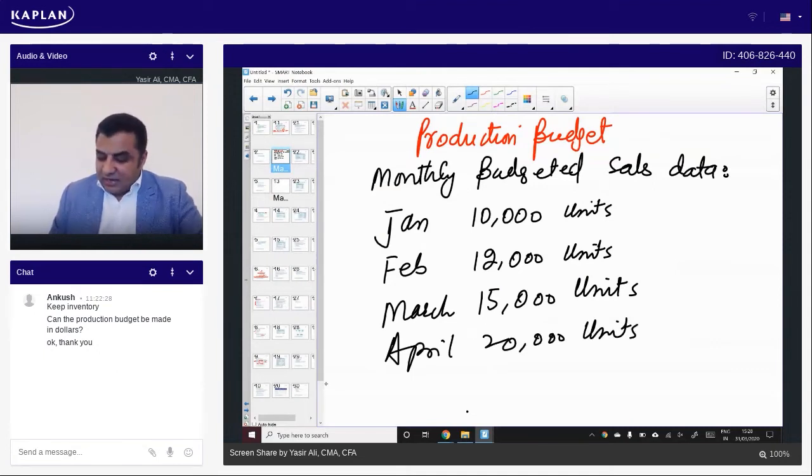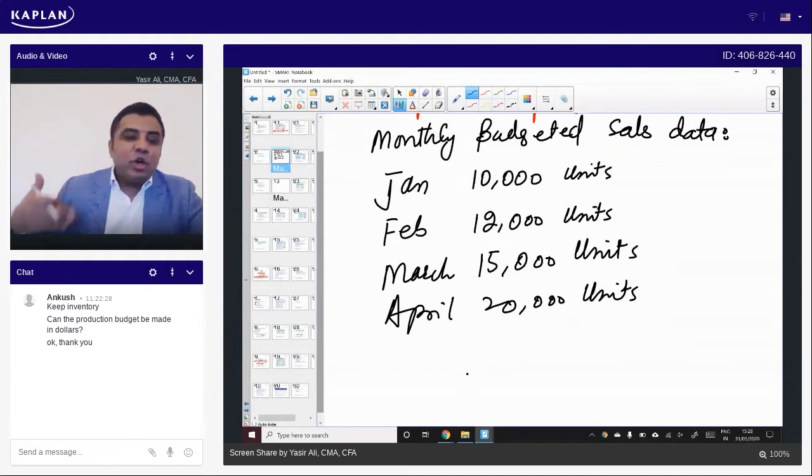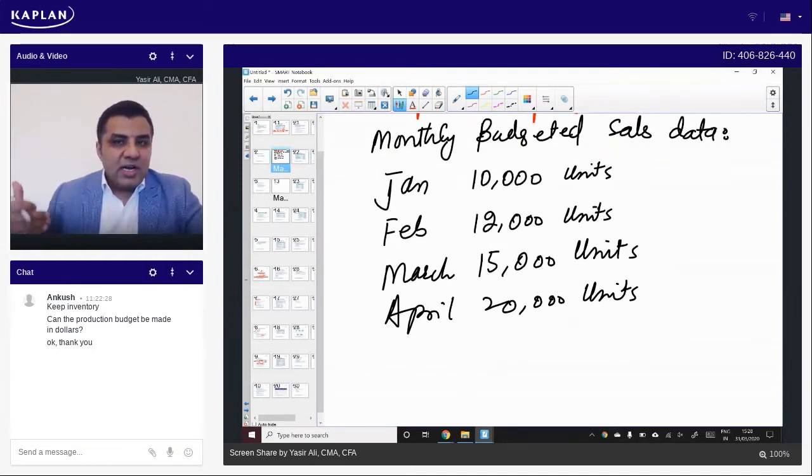And after that, what else do you need in order to prepare a monthly production budget? You would need information regarding the beginning and ending inventory.